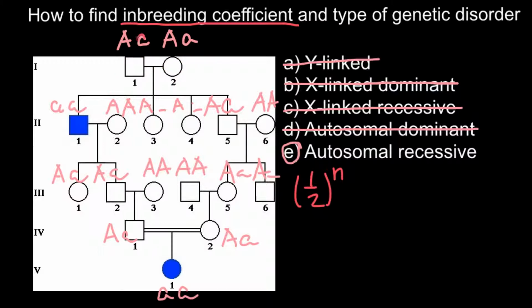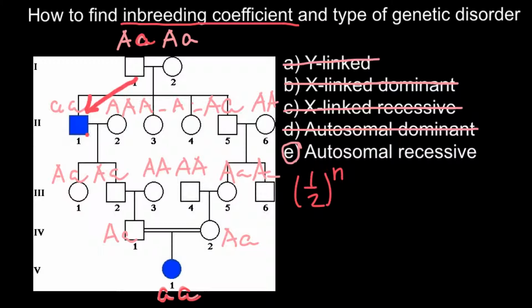Now let me use different color for this recessive allele a, and let's find probability that this person would get 2 recessive alleles from the person 1 in the first generation. And here is going to be a pathway. So this person may give this recessive allele to person 1 in the second generation.